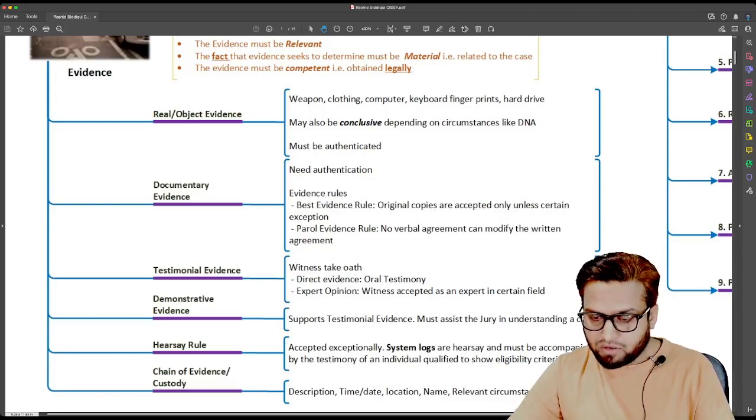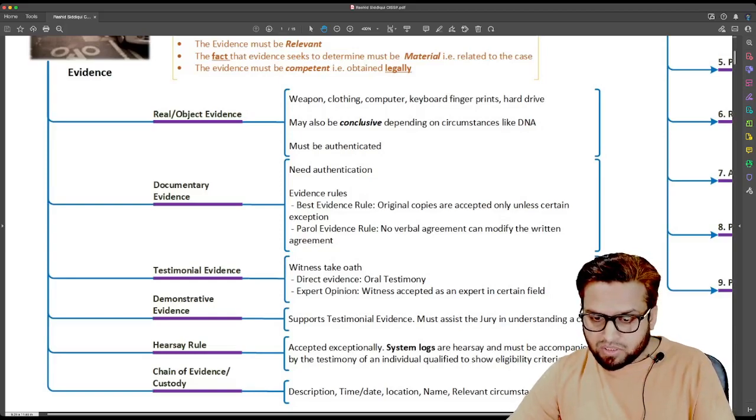Now, if one party says that no, in addition to this documentation, we had an agreement in the past that we will deviate from these 3 points or 4 points, that is not going to be accepted. So no verbal agreement can modify the written agreement. That's the parole evidence rule.